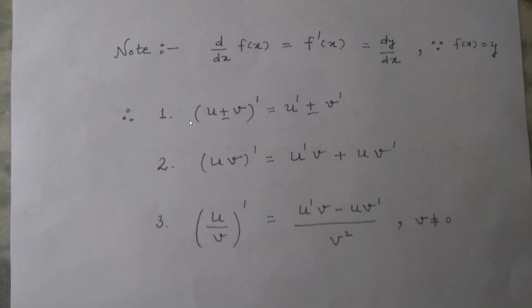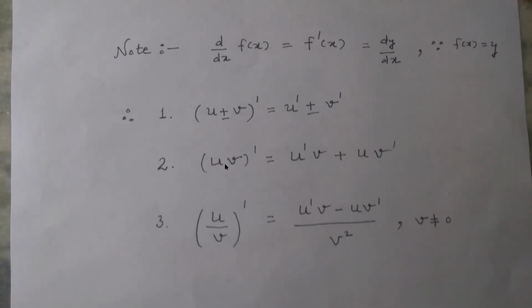Some basic rules of the derivatives. First of all, if there are two functions and there is a plus or minus sign in between the two functions, and the superscript dash means we are going to find the derivative of the function, then u plus minus v, the whole derivative, is equal to the derivative of the first function plus minus the derivative of the second function.